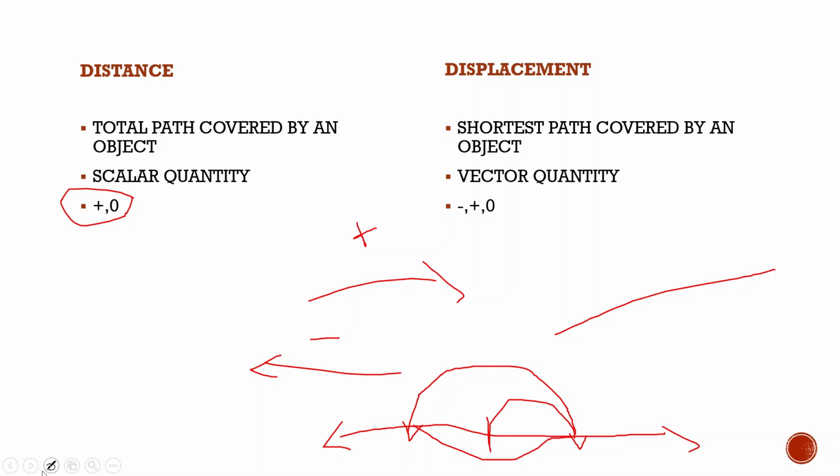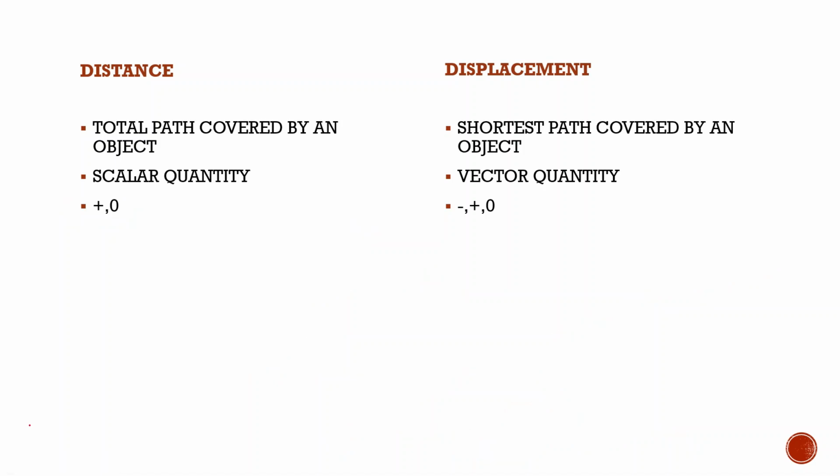Let me talk about other things. So always the distance is greater than or equal to the displacement. Distance is greater than displacement. Displacement is lesser than distance.